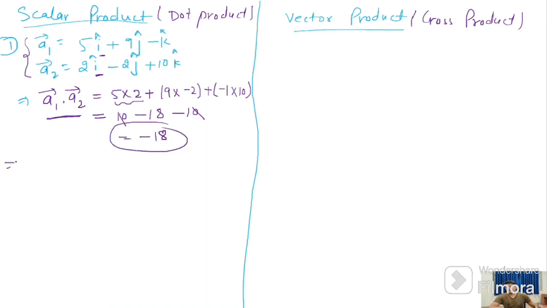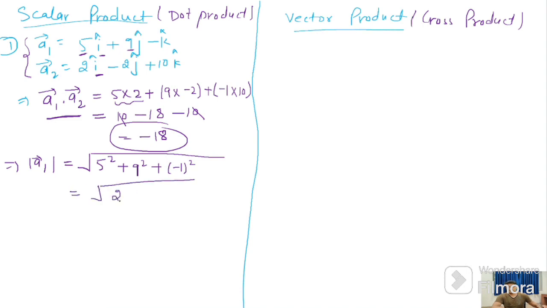If we need to find the magnitude of the first vector, we take the square root of the square of the coefficient of i, 5 squared, plus the square of the coefficient of j, 9 squared, plus the square of the coefficient of k, 1 squared. That is 25 plus 81 plus 1.